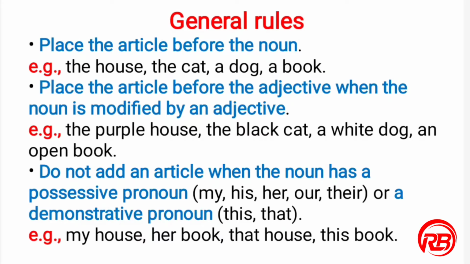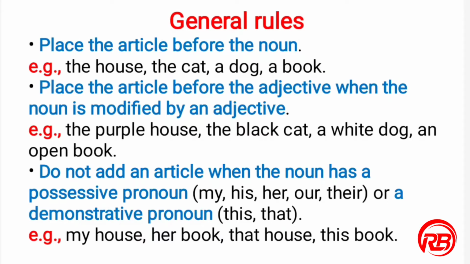In these examples, purple, black, white, open are adjectives which qualify the noun. So the article appears before the adjective which modifies the noun.